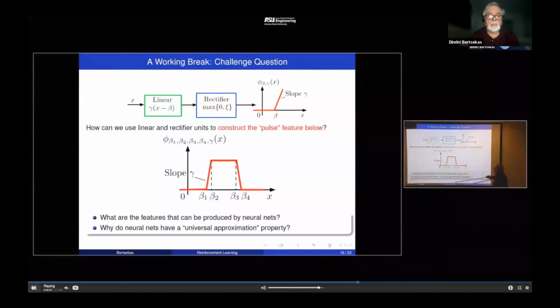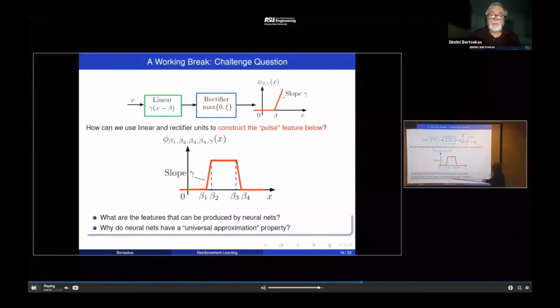And my question to you is, how can we use linear units and rectifier units to construct another feature vector, this feature vector, whereby you input x and at the output you get this function. Okay? So I want you to think of how you can use units like this to produce a pulse type of feature.